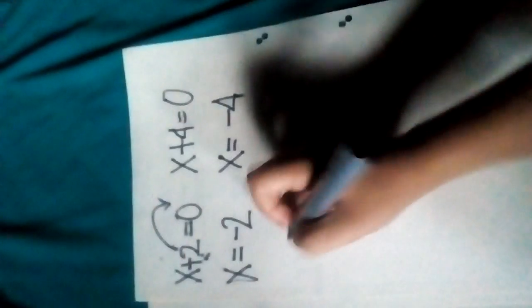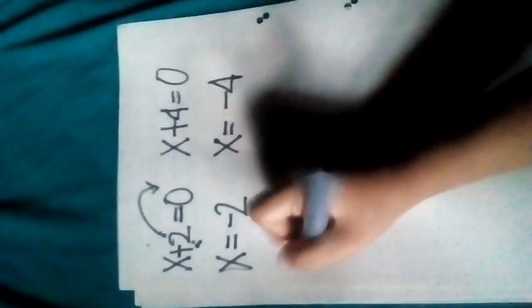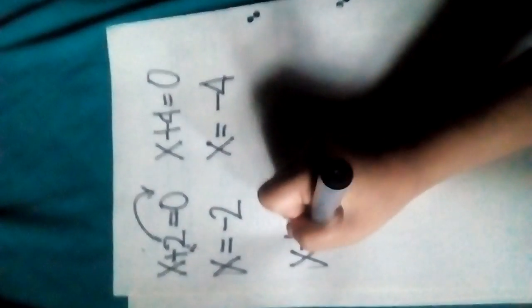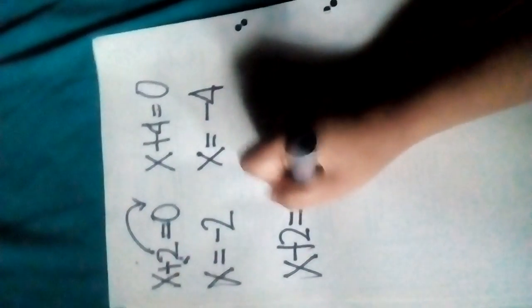Now, let's do it in this equation. So, x is equal to negative 4. Now, we're going to do this also in the denominator. x plus 2 is equal to 0.